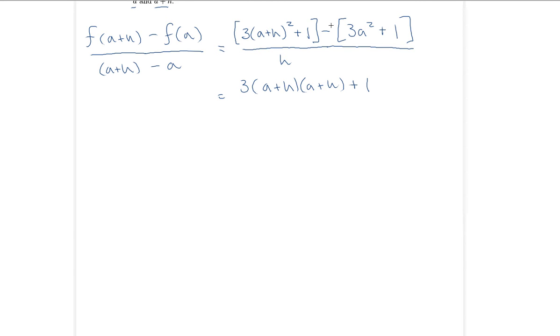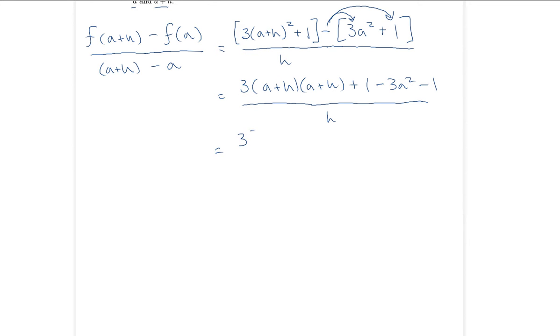And while I'm at it here, we can distribute this minus sign, make sure it gets through to both of the terms. So we're going to have minus 3a squared minus 1. And so that's all divided by my h. All right. Still no clear way I can get this h to cancel. So let's go ahead and FOIL here.